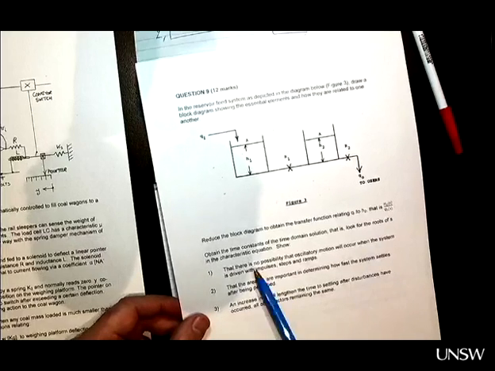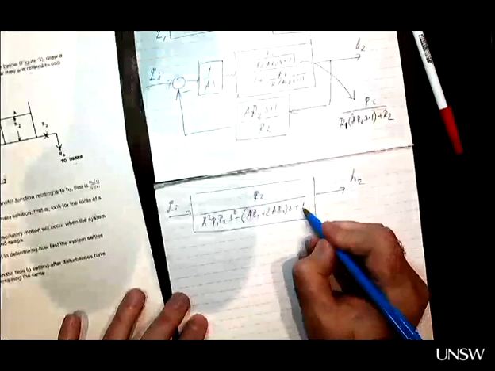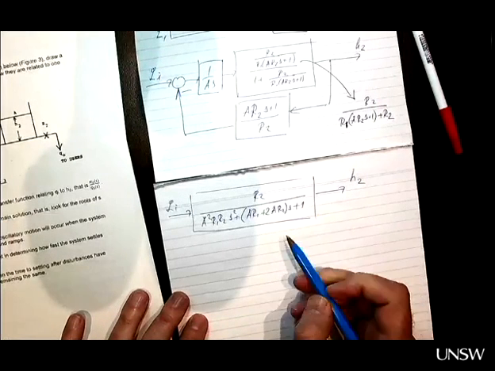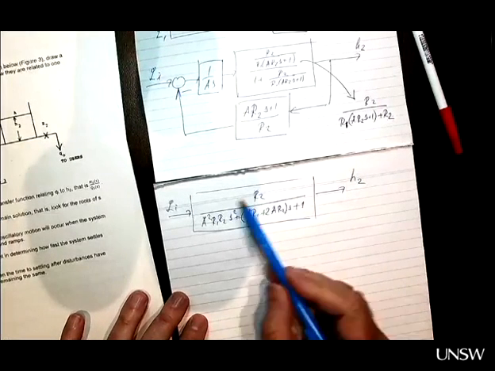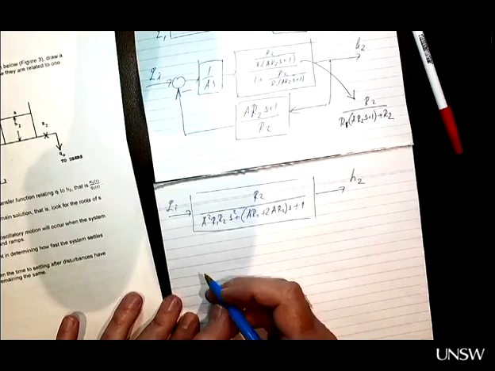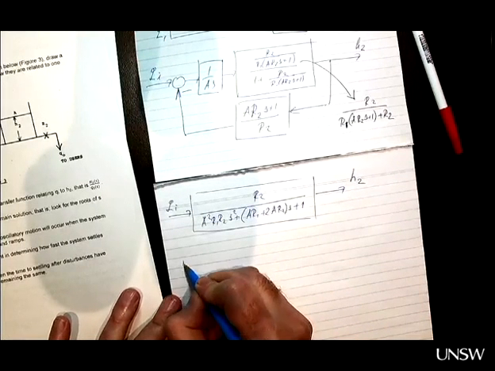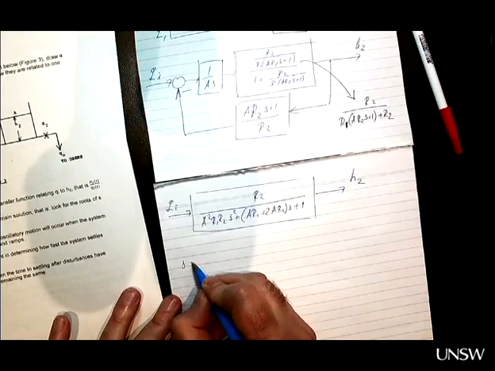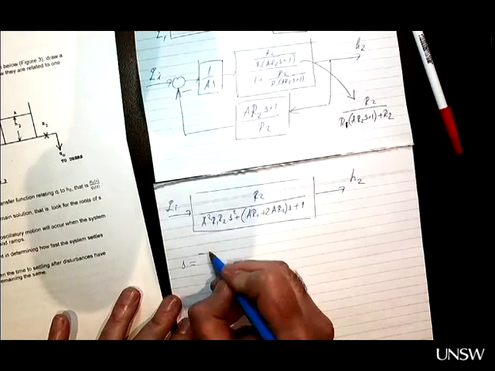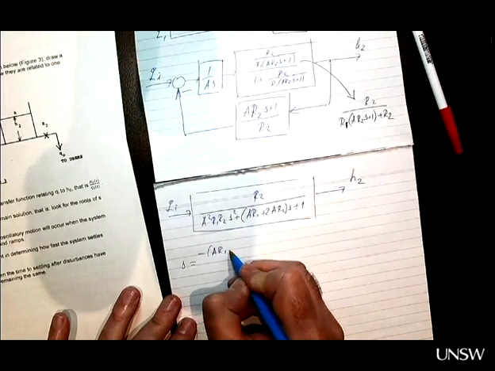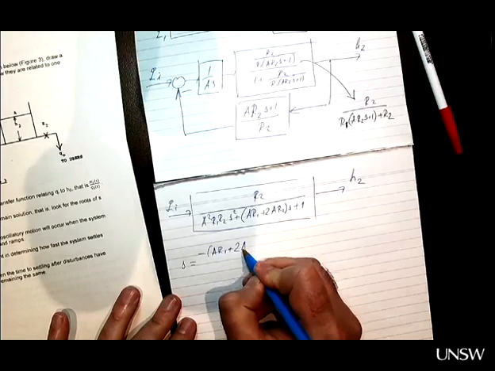So here we have 1. This is a non-dimensional form. If you want to factorize this, we need to find S, which will be equal to minus AR1 plus 2AR2. So we are looking for the roots.